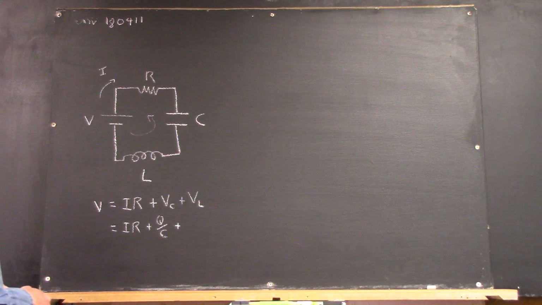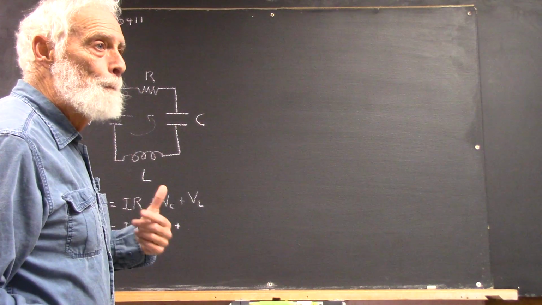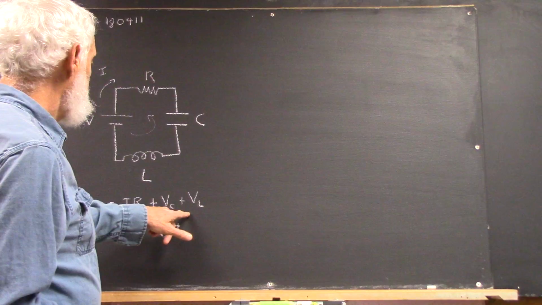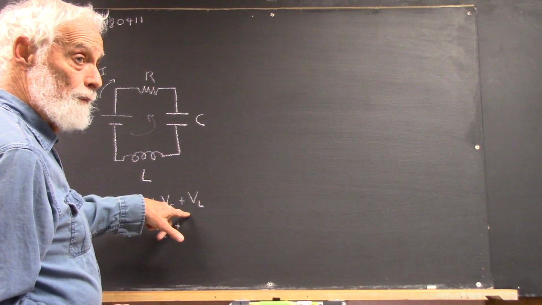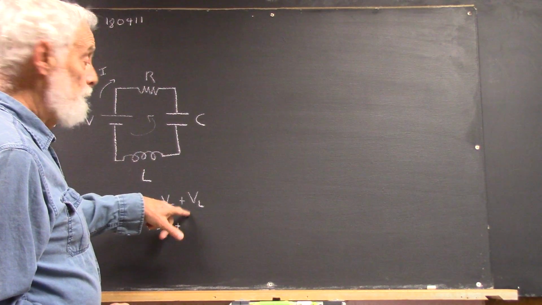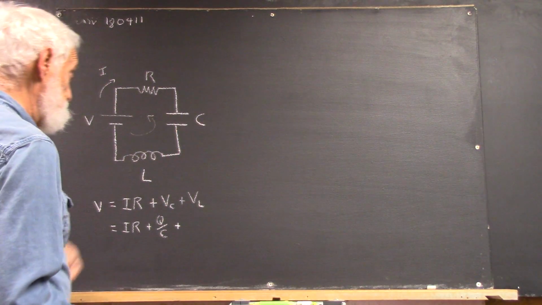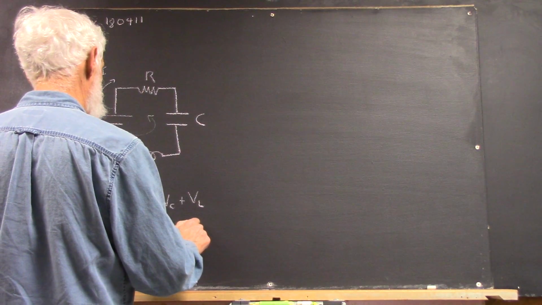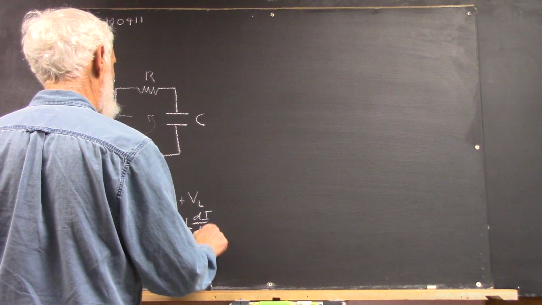So, let's see now. I is in this direction. If di dt is positive, then what's the voltage drop across your inductor? Well, it's going to create a voltage back this way, so voltage will drop between here and here. So that's going to be L di dt.